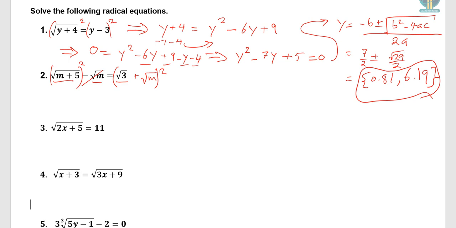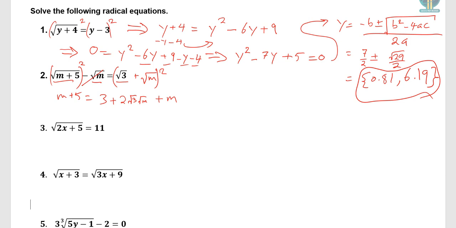In which case we'll get m plus 5 equals, square root of 3 squared is 3, and then square root of m squared is m, and then plus 2 square root of 3 square root of m.